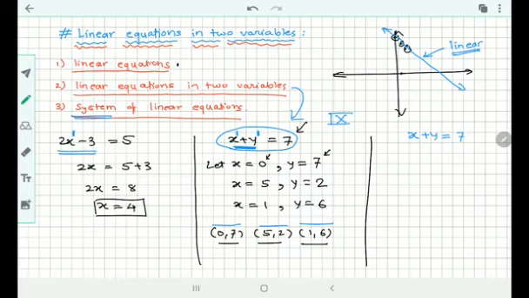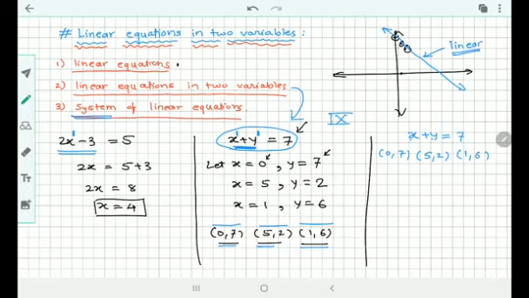There are a few already in the first one, like (0, 7) is one of the solutions. You can put this value into the equation and see it is satisfied: putting x equal to 0 and y equal to 7, 7 equals 7. Similarly, (5, 2) is again a solution of this equation. Similarly, (1, 6) is also a solution.